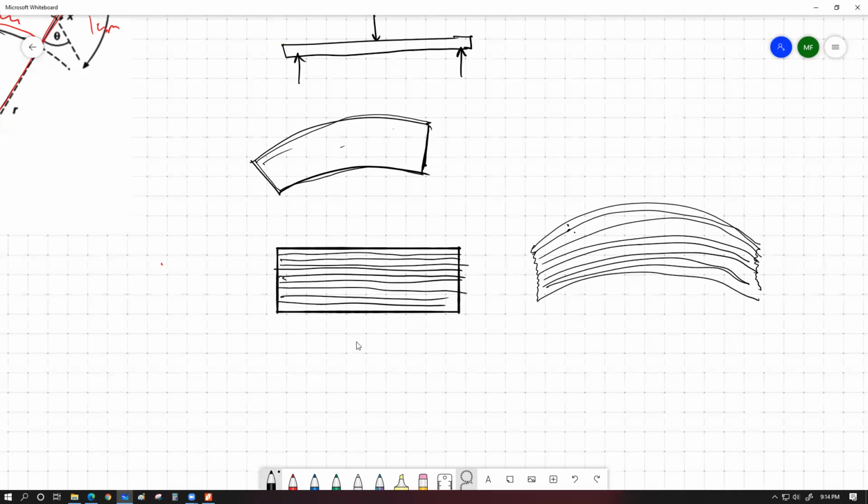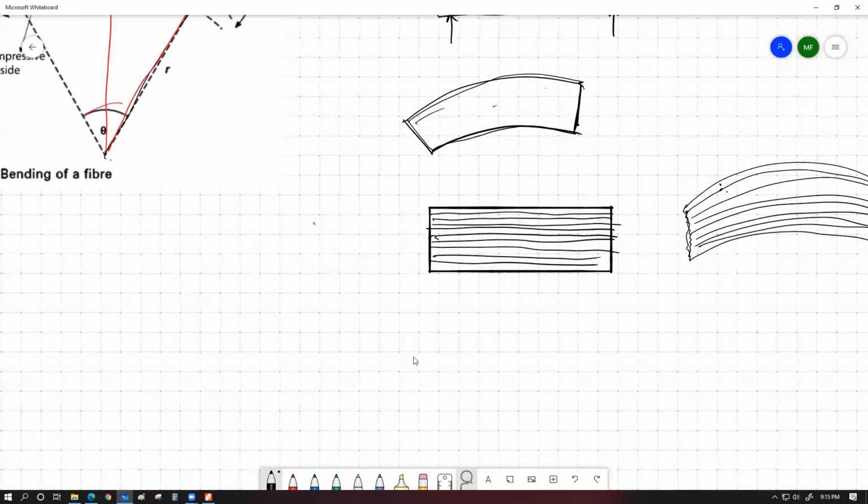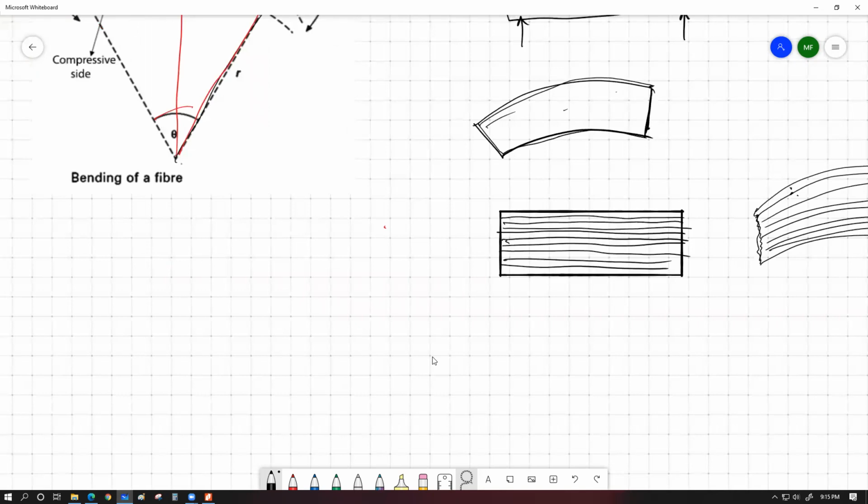But whenever we have a scenario like this, all of these individual layers can slide past each other, and as a result, they are all going to develop a much smaller difference of tensile and compressive stress across themselves. This is why industrial or heavy duty cables are not made from a single piece of rod-like iron. Rather, they use many small diameter wires which are wound together like a rope.